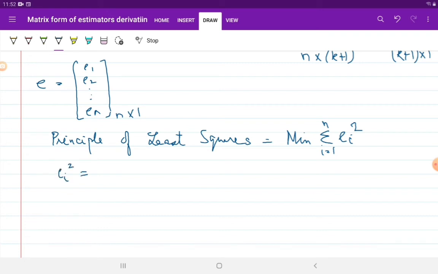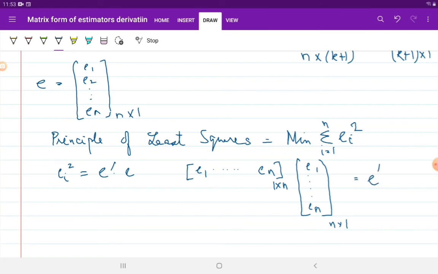it can be written as the transpose of matrix E times the original matrix E. That is, we have a row vector going from e1 to en times the column vector going from e1 to en. So you have one row and n columns over here, and you have n rows and one column here, and the product of it, E transpose E, will be a scalar with the dimension 1 cross 1.